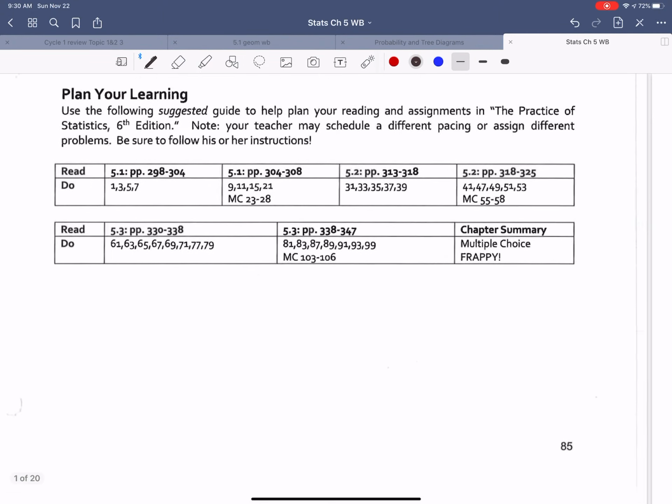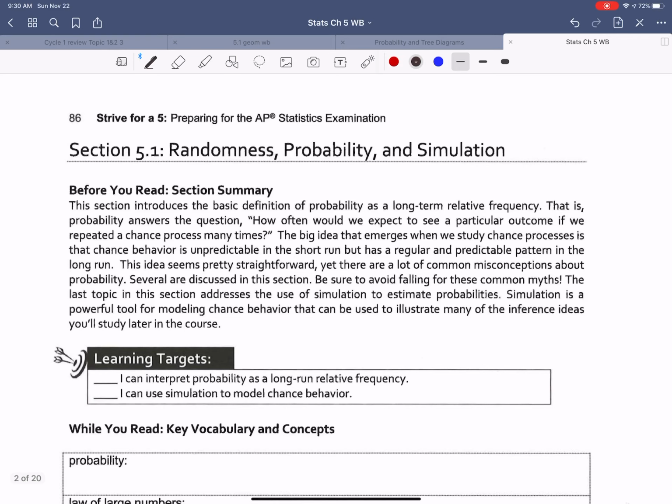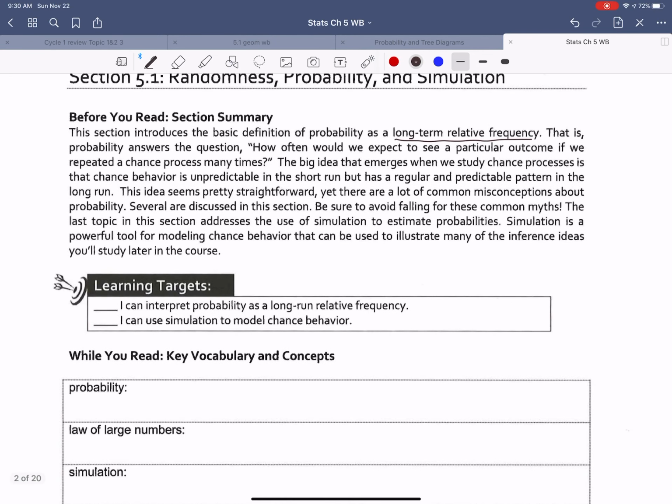And in section 5.1 we did the free throws Miss Kruzmark can take and the soda contest. Notice the main idea in this section was long run relative frequency, and how probability is not predictable in the short run, but predictable in the long run.